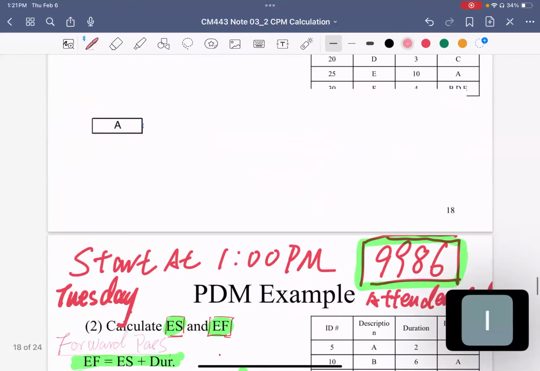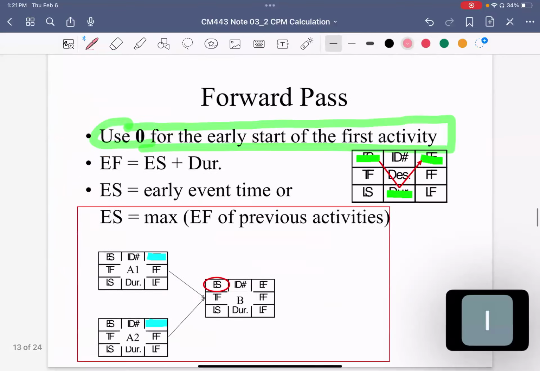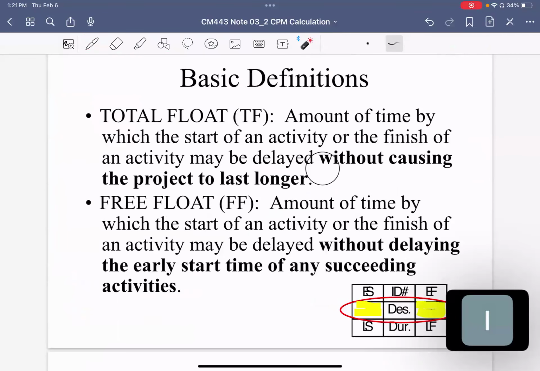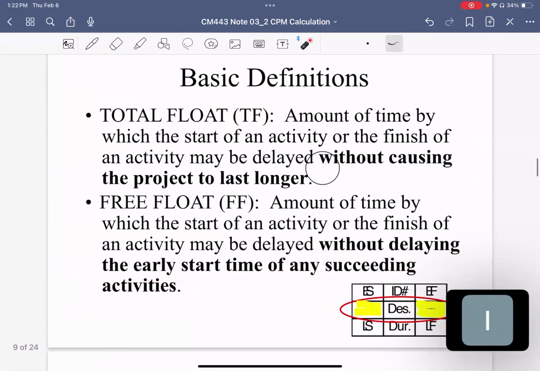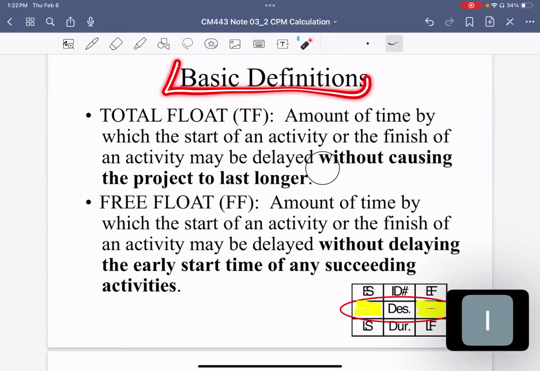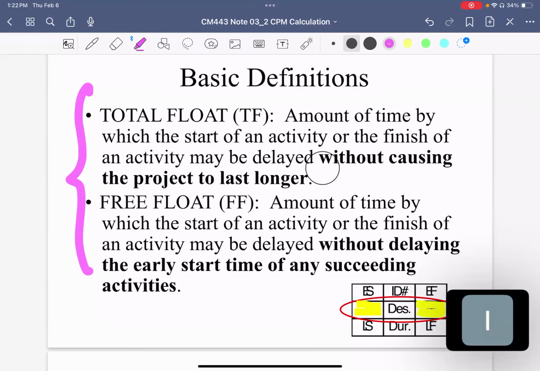So the free float does not impact the start time of your following activities, without delaying the early start time of any following activities. Total float will not cause your project to last longer. Those two definitions are very important. Please remember those two.